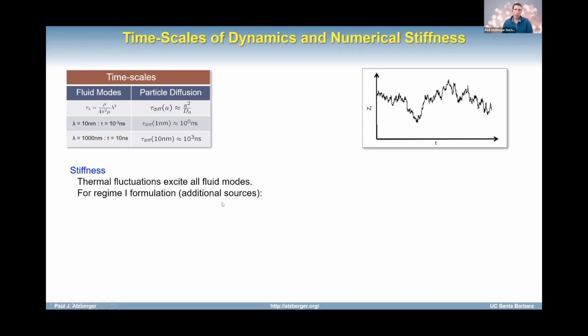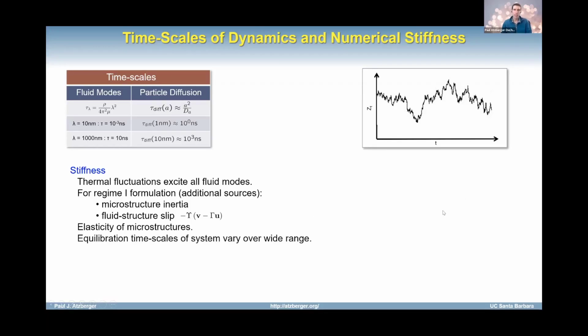For that regime 1 formulation, there are also additional sources of stiffness. I won't go into all of that; you can look at some of our previous papers for those details. But there's going to be the microstructure inertia, that coupling term that I mentioned, reduced time scales, and so on down the line. And then, of course, whenever you're doing immersed boundary methods, there is the nature of the microstructure time scales related to its elasticity.